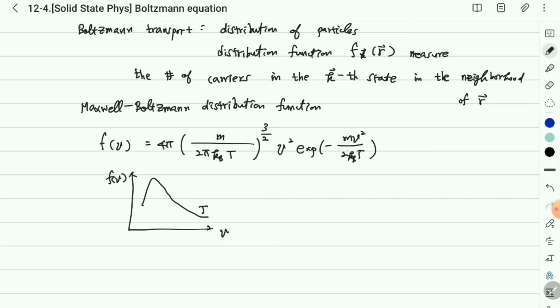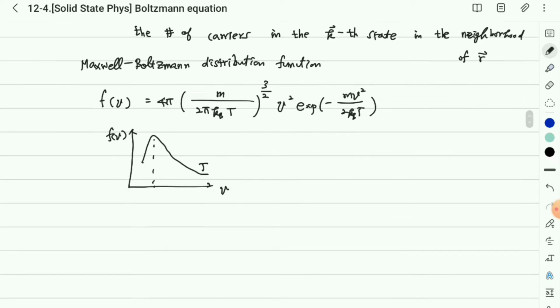But at finite temperature, very high speed particles and low speed particles can coexist, and therefore this distribution function describes the ideal gas.